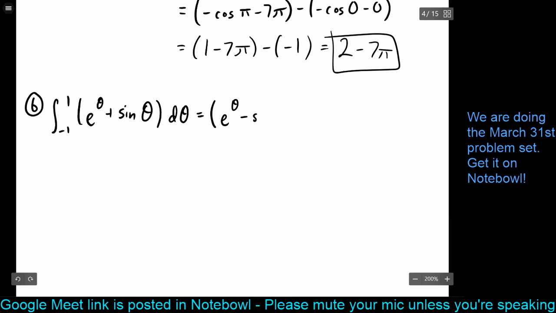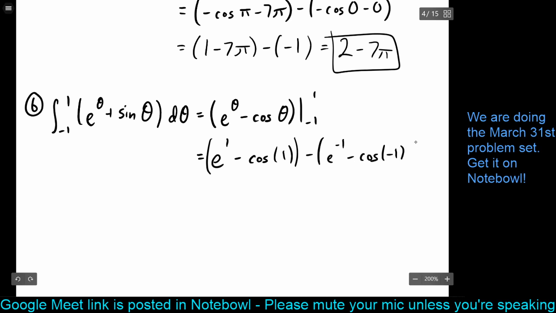Antiderivative of sine theta, we already saw above, minus cosine theta. And we're evaluating from minus 1 to 1. So let's plug this stuff in. We have e to the 1 minus cosine of 1. That's the first part. And minus e to the minus 1 minus cosine of negative 1.